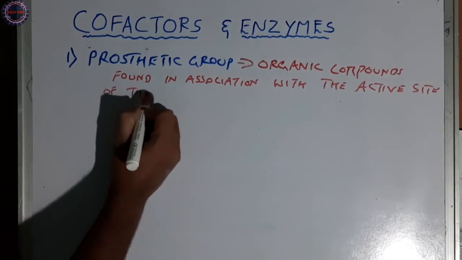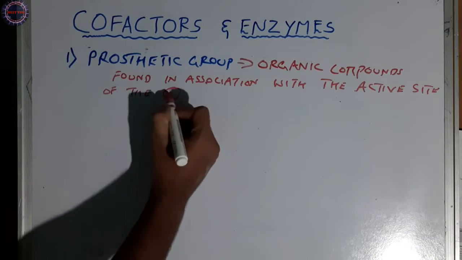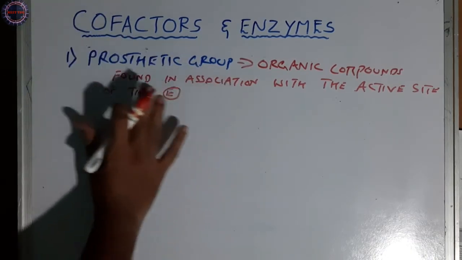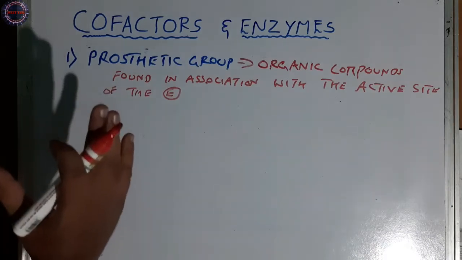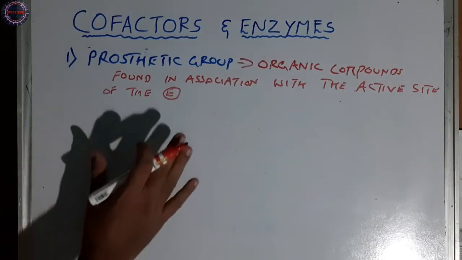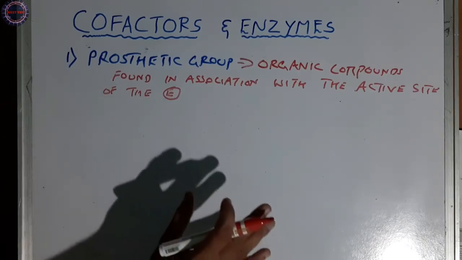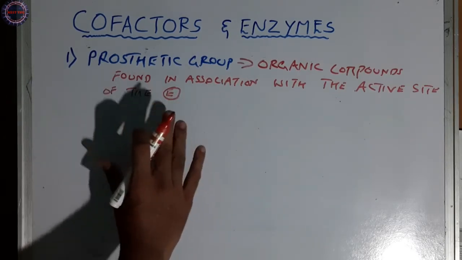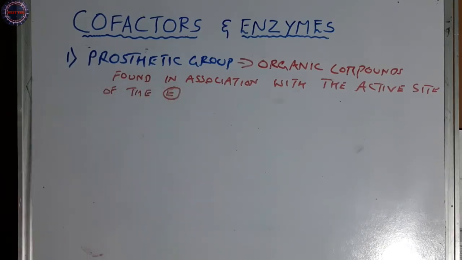So this is the thing to remember. The prosthetic group is a type of organic compound which is always found bound to the active site of the enzyme. That means the enzyme is always a holoenzyme. Apoenzyme plus the cofactor makes it holoenzyme all the time. Got it? Let me give you one simple example, that is this one.